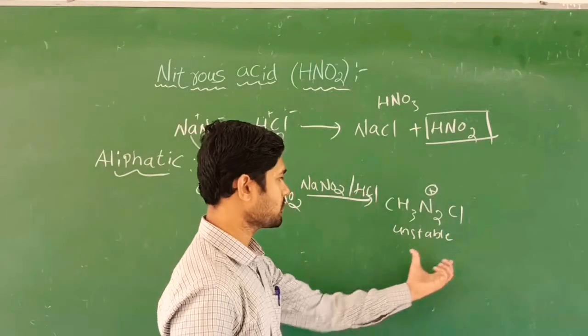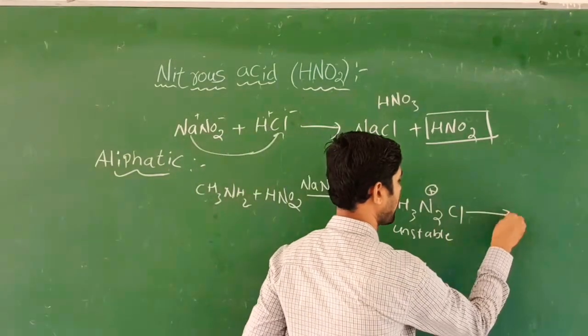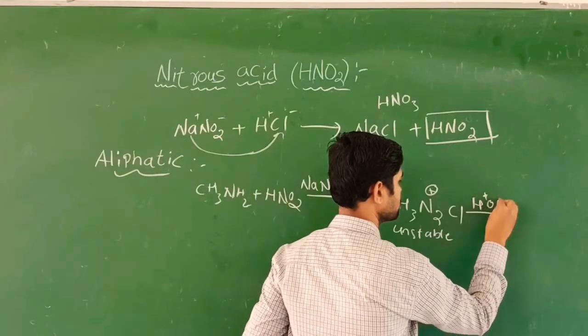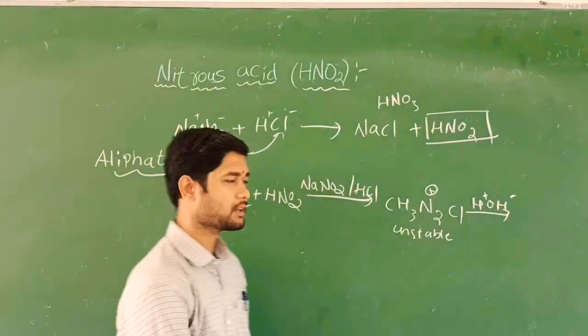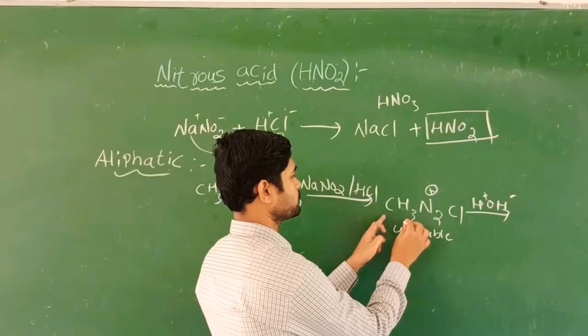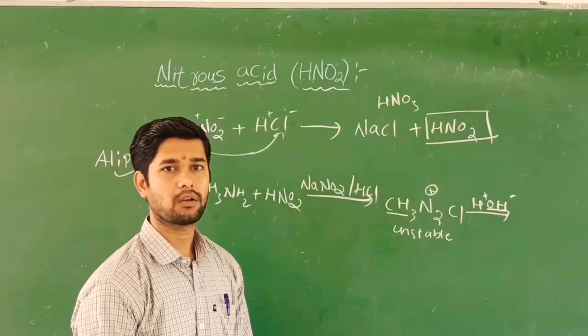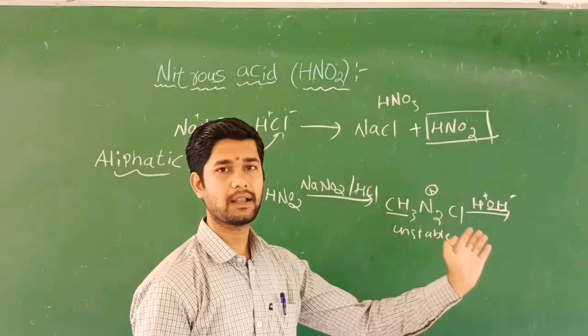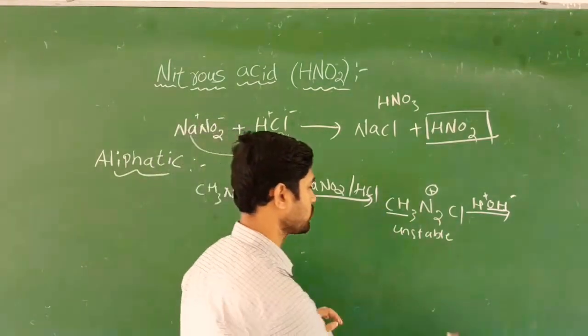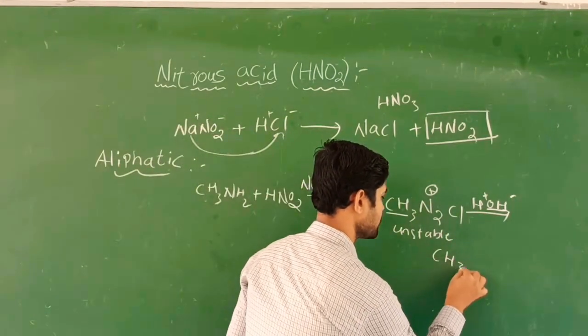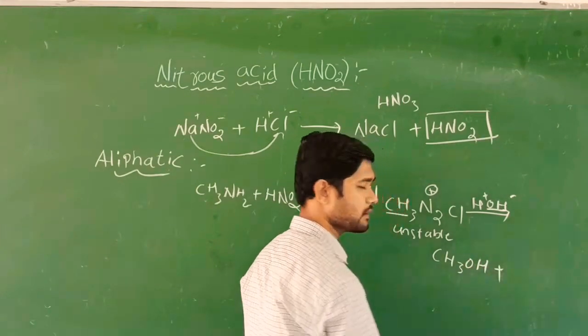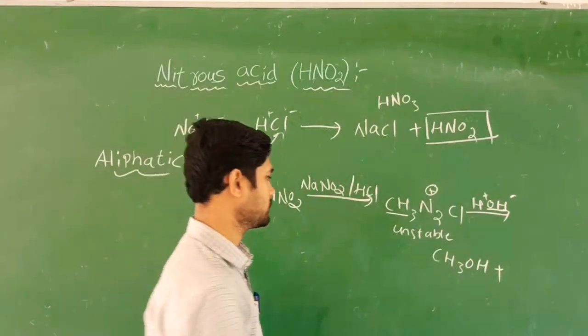Due to this instability, it reacts with water, and the CH3 and OH form an alcohol, which we call methyl alcohol or methanol. I write CH3OH, and nitrogen gas is liberated.